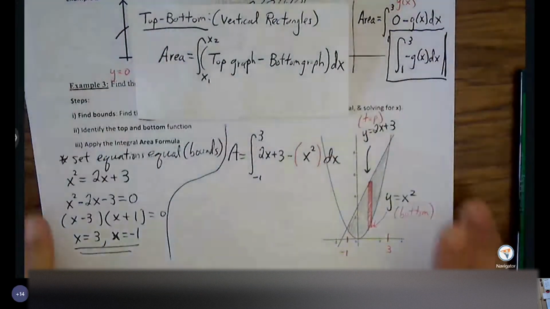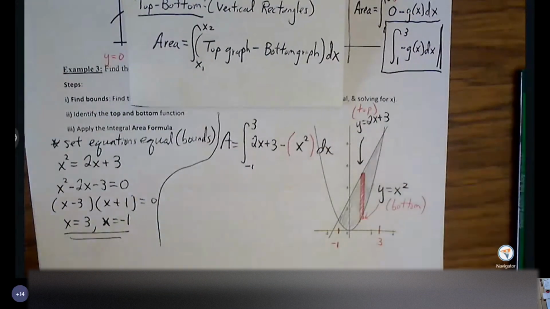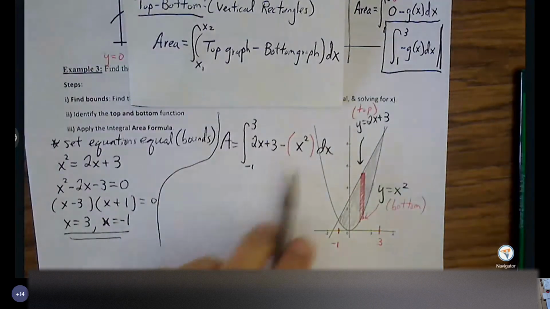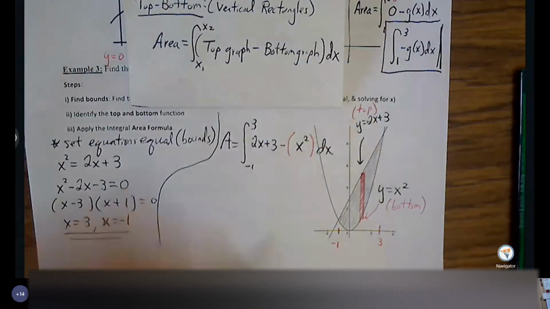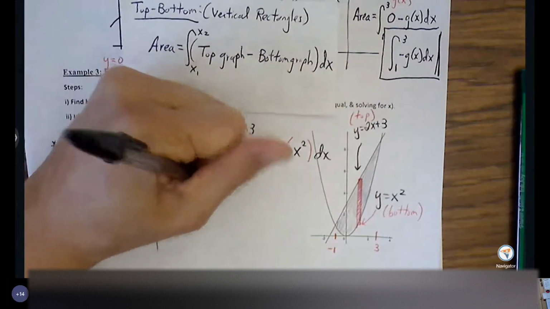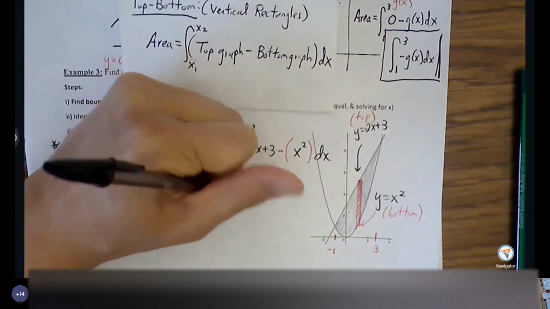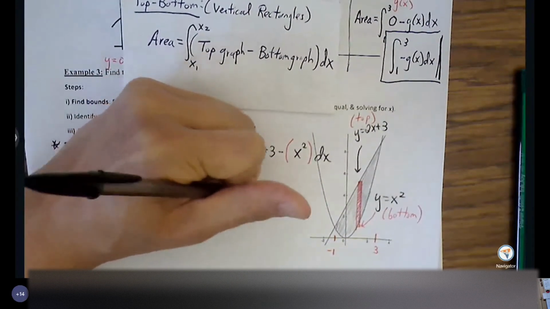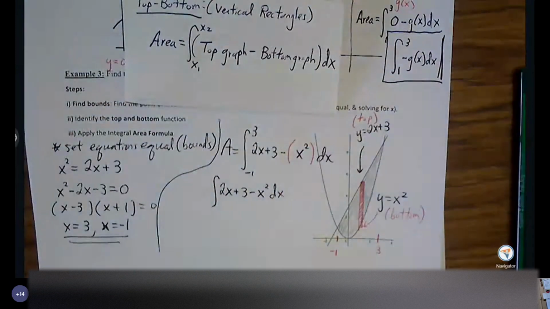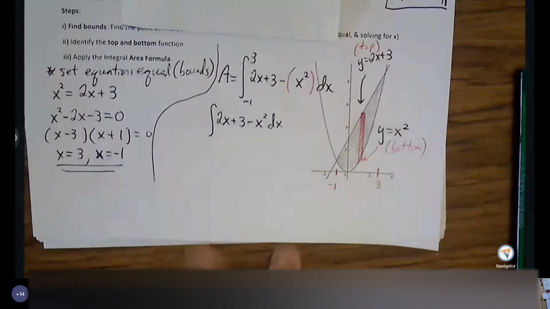Okay, so top function minus bottom function. Right now, let's just do this by hand, but we're definitely going to practice entering this in our calculator. These are just terms that we can apply the power rule to. I'm purposely leaving out the bounds as a way of reminding myself I've got to take care of the antiderivative first.